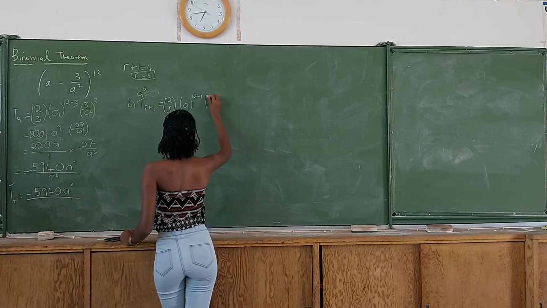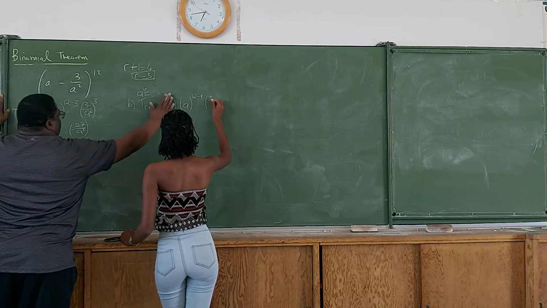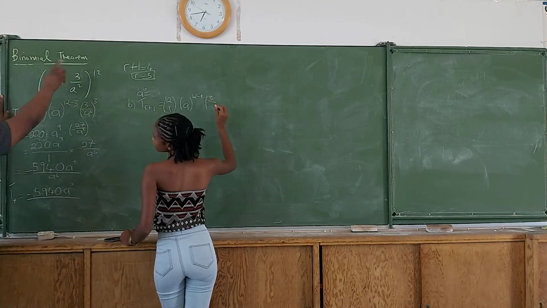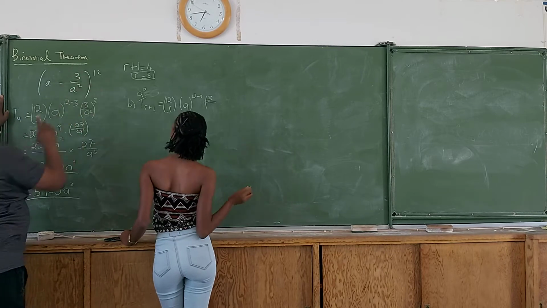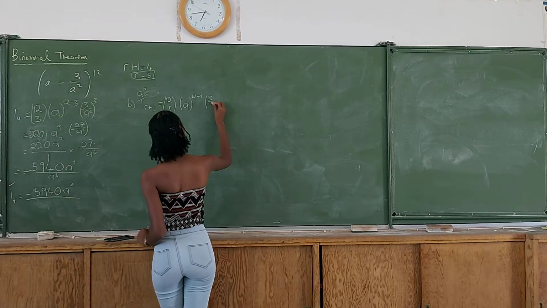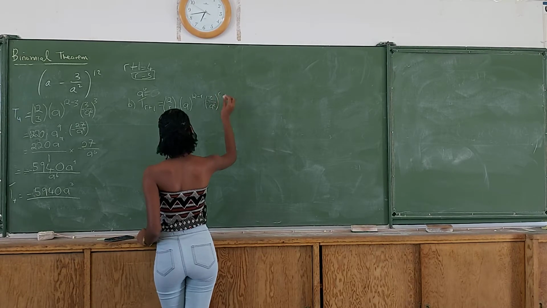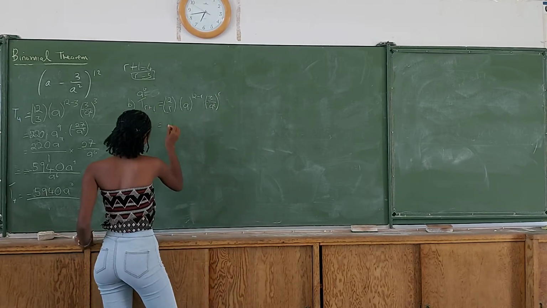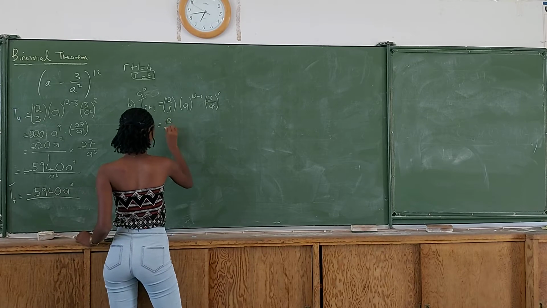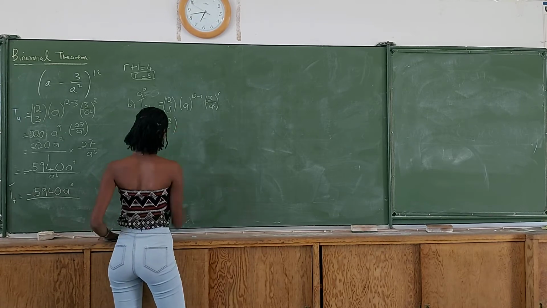Some people immediately don't write this. They just go to that, 12 minus that, and that, to the R. Because the objective is you want to find those A's. You get the idea. You did it a long way.